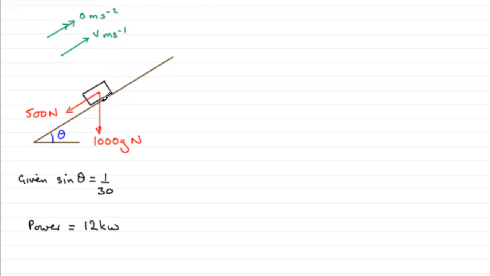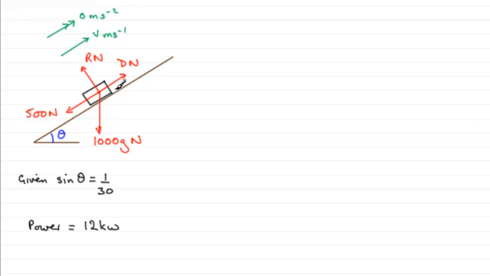Well, we need to add some more forces to this diagram. We've got the contact force from the slope, that acts perpendicular, so I'm just going to call that R newtons. We've also got the driving force from the engine that's developing this power here. So let's mark that in as the driving force D newtons.